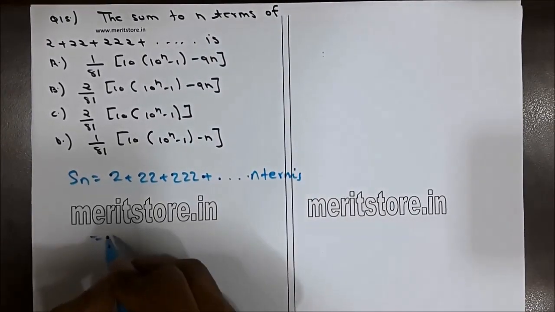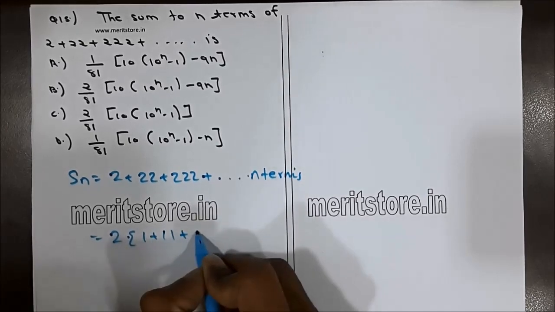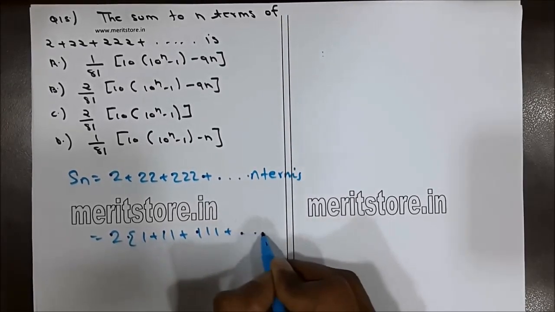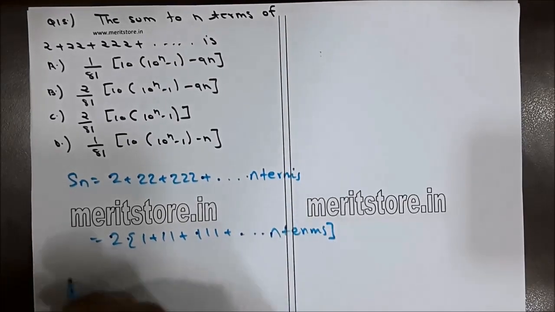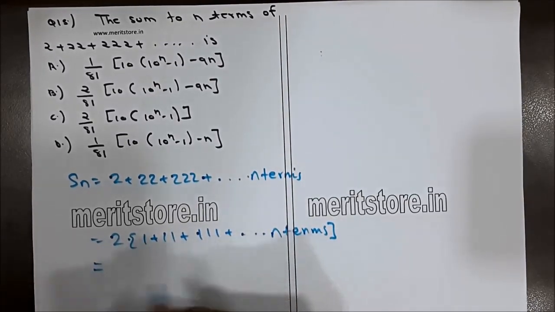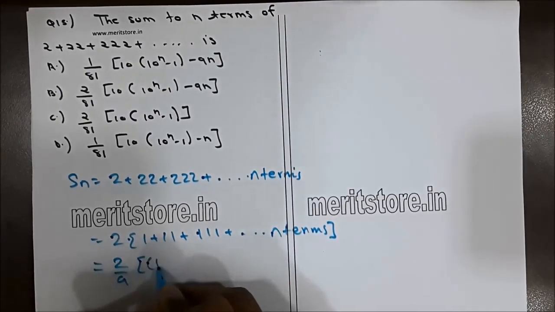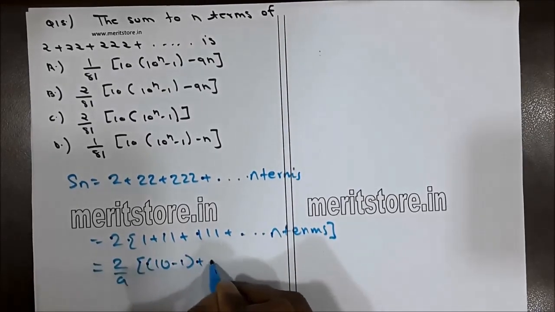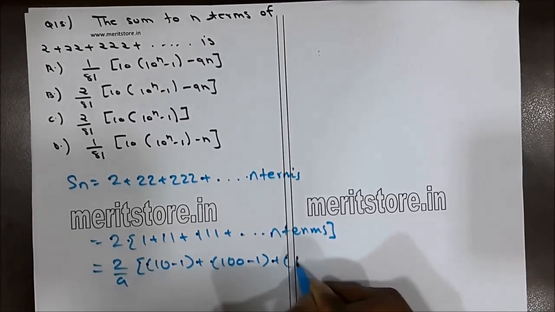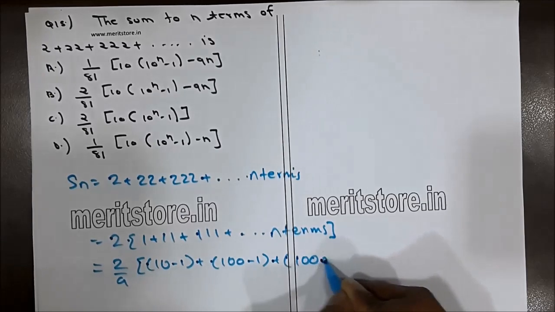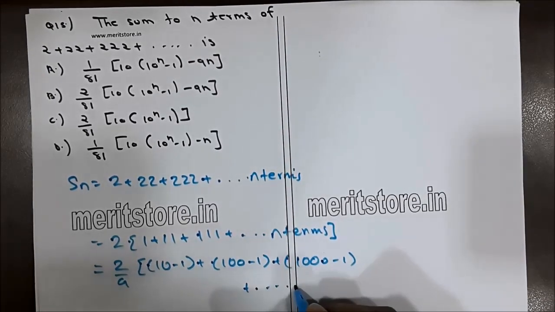Therefore, we take 2 as common, we get 2 times (1 plus 11 plus 111 plus up to n terms). We can write this as 2 by 9 of (10 minus 1) plus (100 minus 1) plus (1000 minus 1) plus up to n terms.